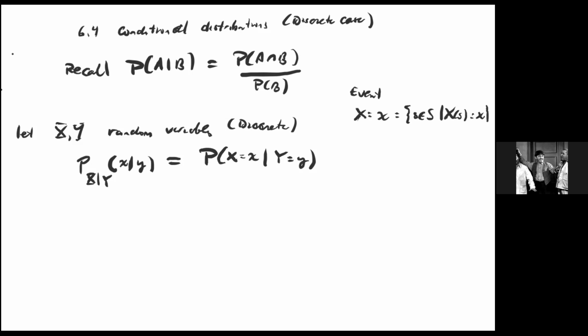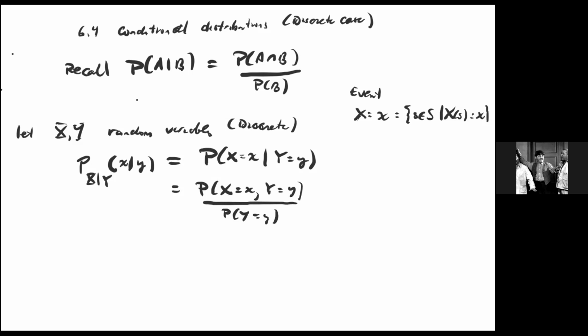So what this is, it's really just A above, and Y equals y plays the role of B. So it's the joint probability that X equals x and Y equals y. That's what joint probability actually is. It's like an "and", divided by the probability that Y equals y.